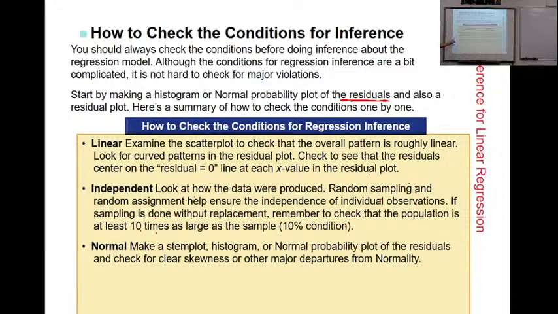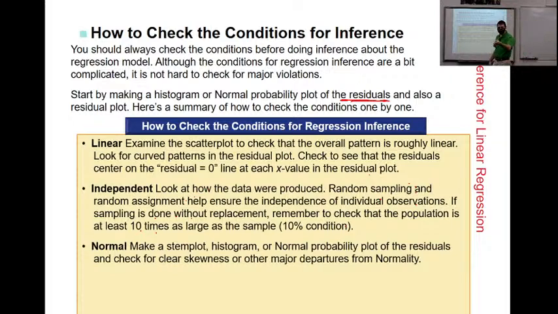The way that we can do this one is by making a normal probability plot of the residuals or some other kind of plot for the residuals that we usually use to check for the normal condition. And we are doing that for the residuals.